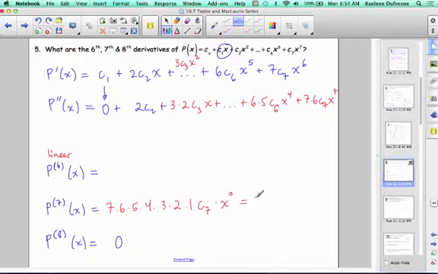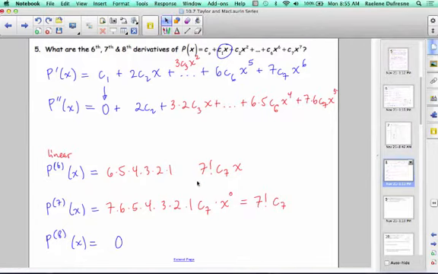And so the antiderivative of 7 factorial c7 is 7 factorial c7 times x to the 1 divided by 1. But then we also have to have a c6 term that is constant. And so the c6 term is going to be 6 times 5 times 4 times 3 times 2 times 1 times c6 times x to the 0.